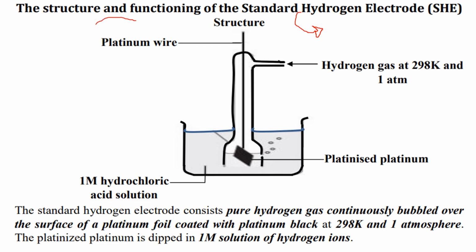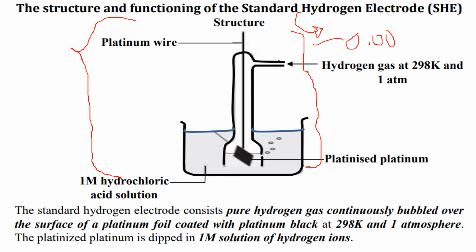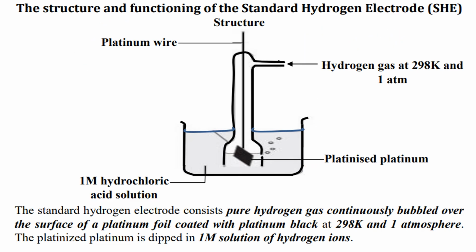So we use the standard hydrogen electrode in determining the standard electrode potentials of other elements, simply because its cell is not going to affect the voltmeter when you are measuring the electrode potentials of other elements, since hydrogen has an electrode potential which approximates to 0.00 volts. So this is how a standard hydrogen electrode cell looks like, and you must know its drawing together with its naming because it's highly examinable, especially in paper 1 mocks.